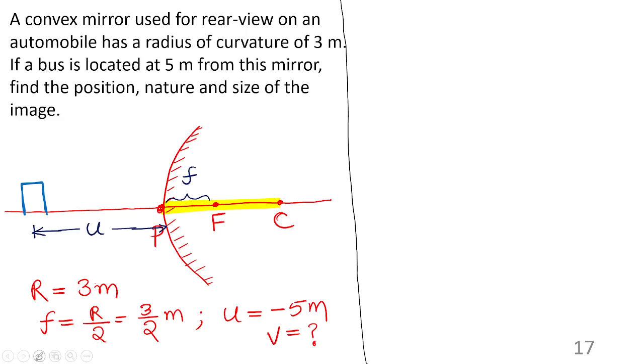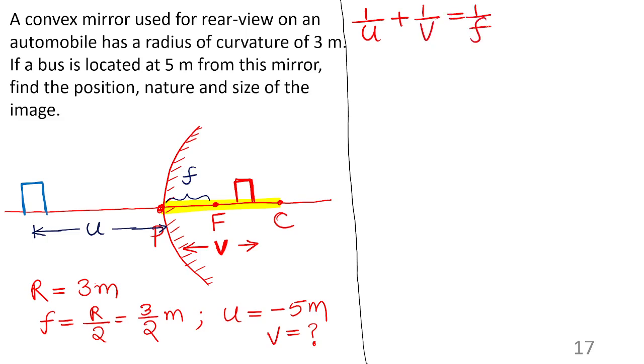Which formula is to be used for finding the position of the image? Position of the image is v, right? This is a rough diagram. The distance between the pole and the image is said to be v. We can find v by using the mirror formula, 1 by u plus 1 by v equal to 1 by f.